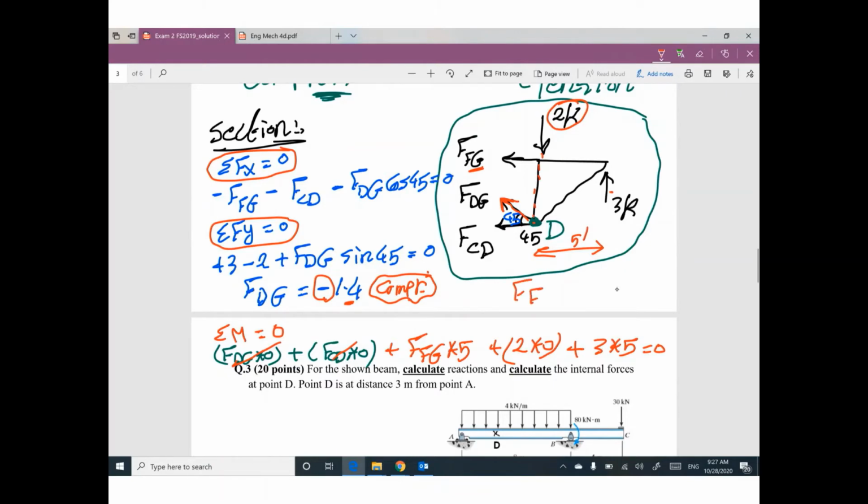It will be negative also. Negative means you assume the wrong direction. It should be compression, not tension. Once you figured out the value of FDG and the value of FG, I can go back to the first equation to figure out the value of FCD. I am done.